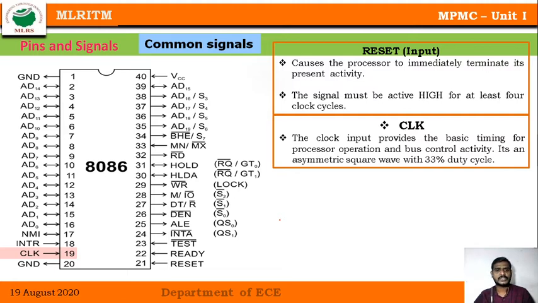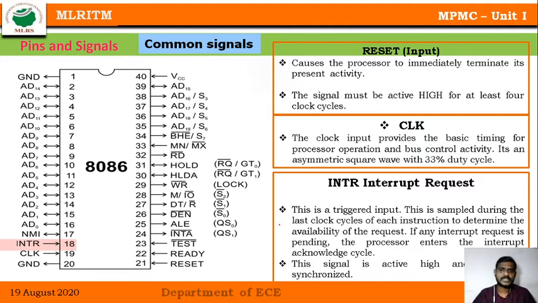For the 8086, it is required to connect an external clock generator to provide the necessary internal clock cycles, or the T cycles or machine cycles. The external clock signal needs to be connected through pin number 19.